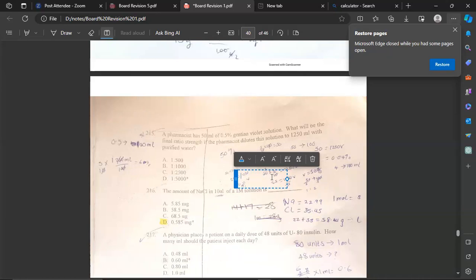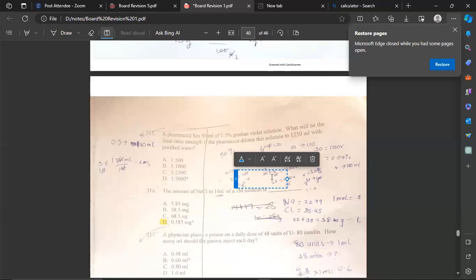Okay, I'm saying D. I'm thinking, but again, I forgot the formula. So a pharmacist has 50 ml of 0.5% gentian solution. So it means in that solution, 0.5 ml is in 100 ml of the solution.